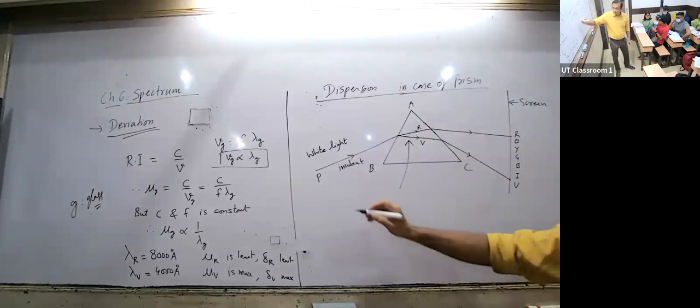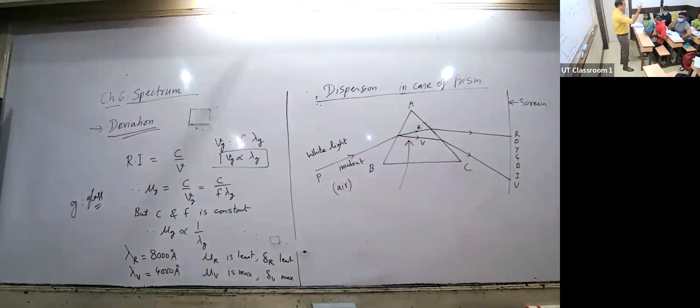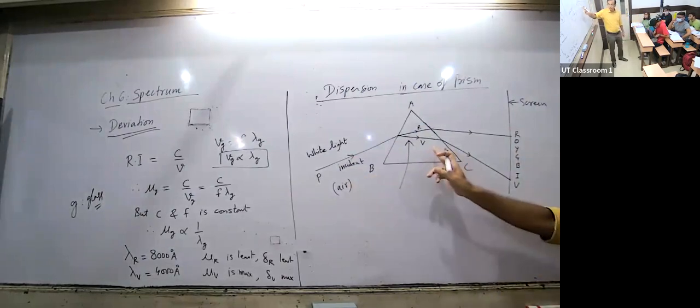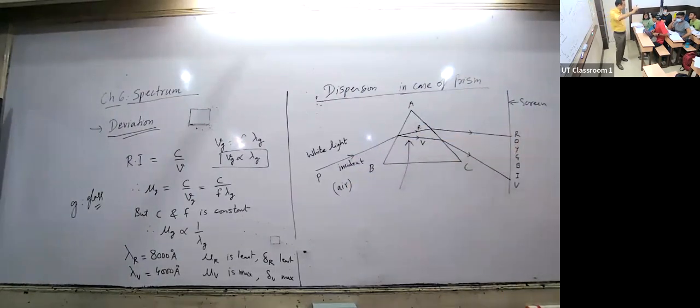But in the glass, the speed changes, because they suffer different bending. Different refractive index. So that is why the white light now splits into its component colors. This is called dispersion. Right?